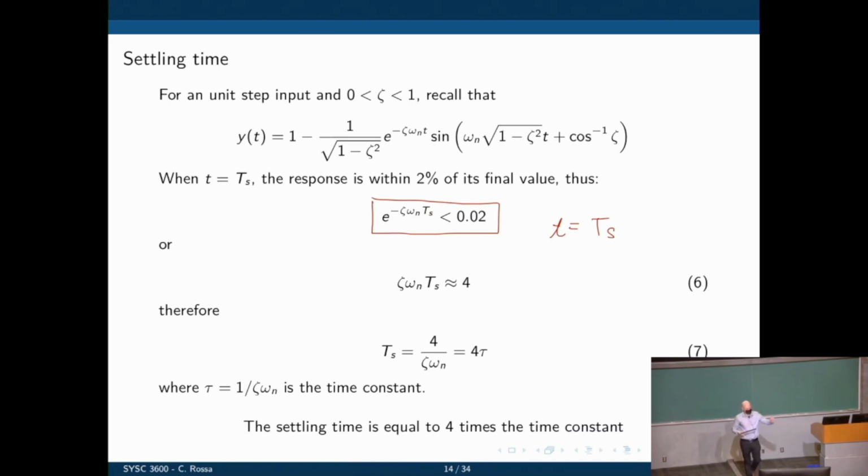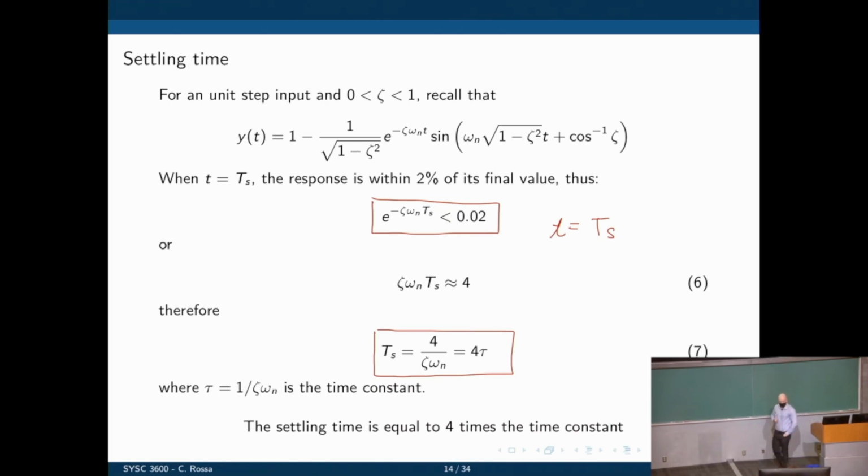You can just take the natural log of both sides of the equation. We can see the equation here giving us zeta omega n times TS is approximately 4. We can solve for TS, and this is what we get: 4 divided by zeta omega n.